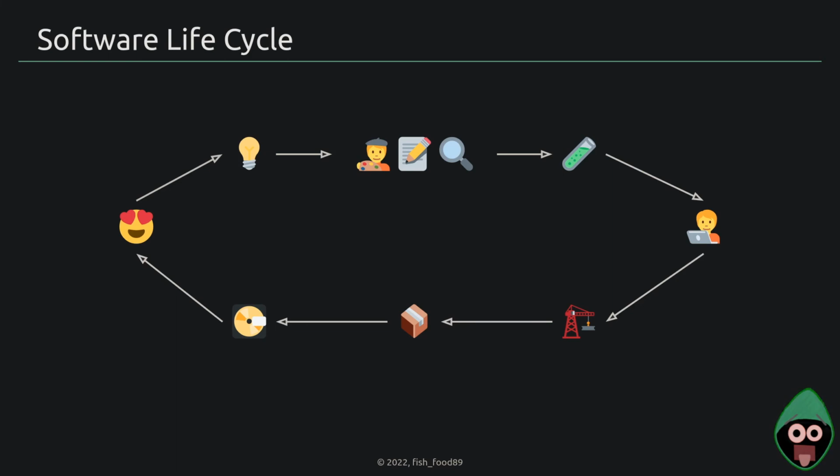If the cycle is broken from any of these parts, then the software stays in whatever state it happened to be in when the cycle broke. If the cycle breaks, the software stops improving as no new ideas come in, or no one designs what should be done, no one does any testing for the new features that were requested, or there's no one to program, or the system that's used to build the ready-made software breaks or doesn't exist.